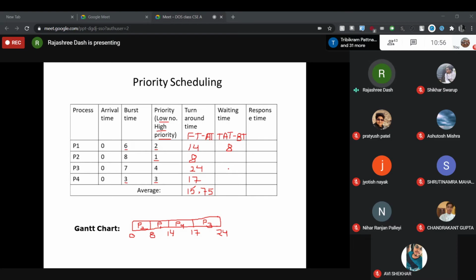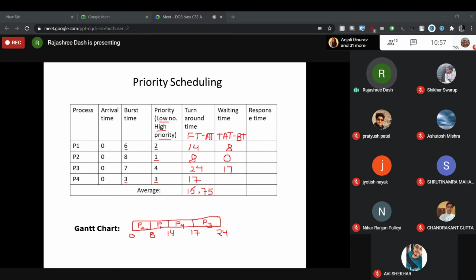Now for P2, what is the waiting time? 8 minus 8, that is 0. For P3, 24 minus 7, that is 17.